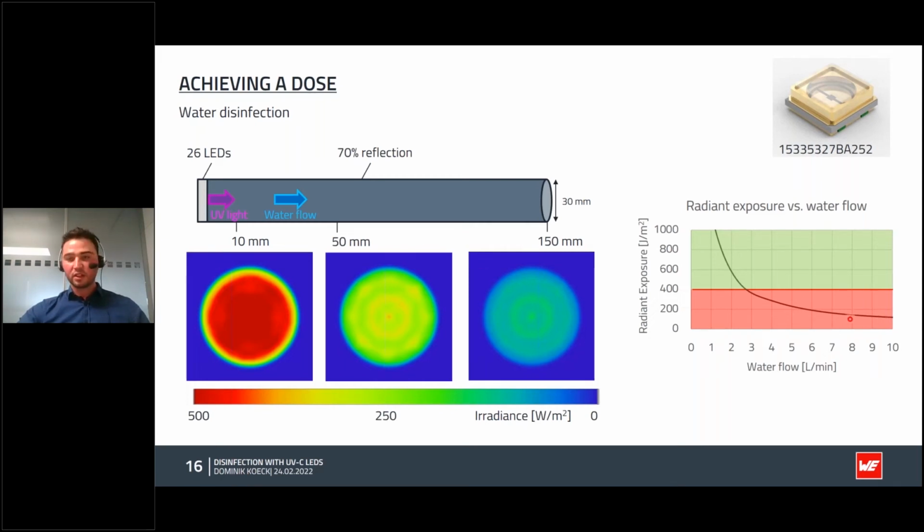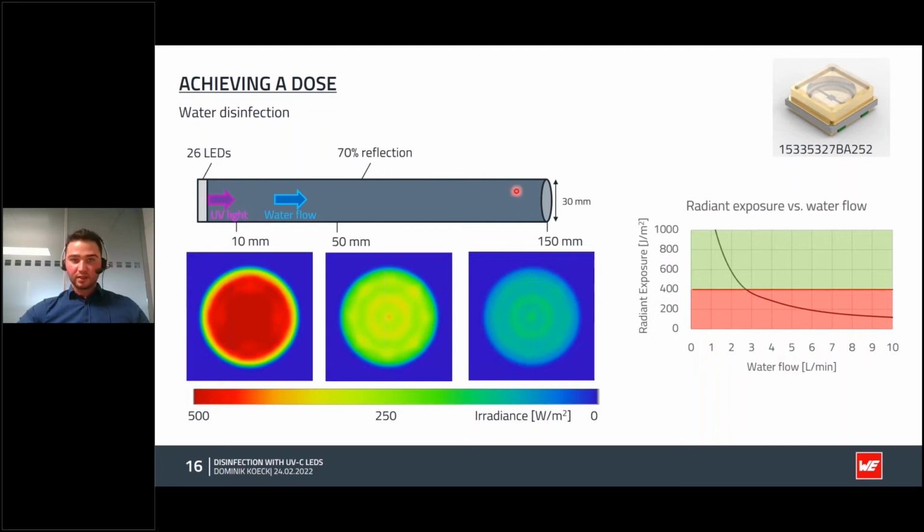So this is why for really high water flow rates, it's really hard to achieve a sufficient disinfection or a sufficient radiant exposure to achieve this dose of 400 joules per square meter that is required by this German water disinfection norm.